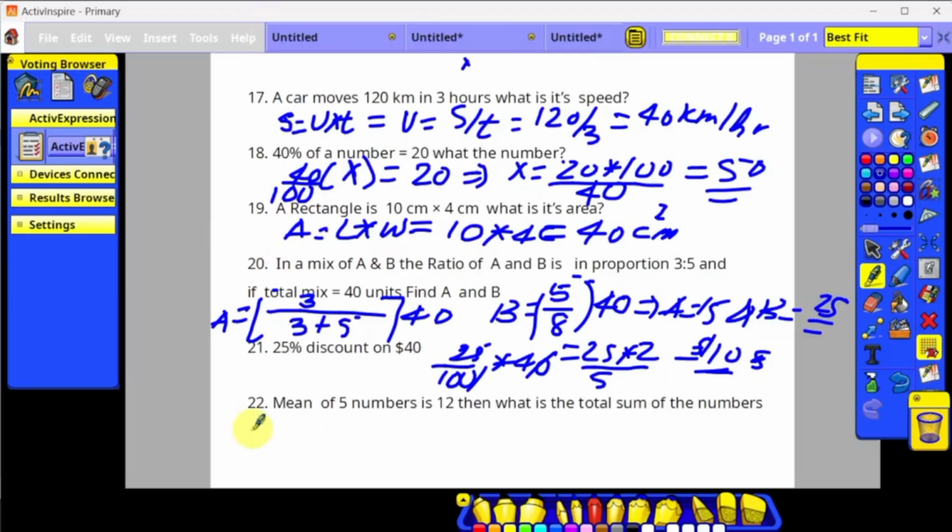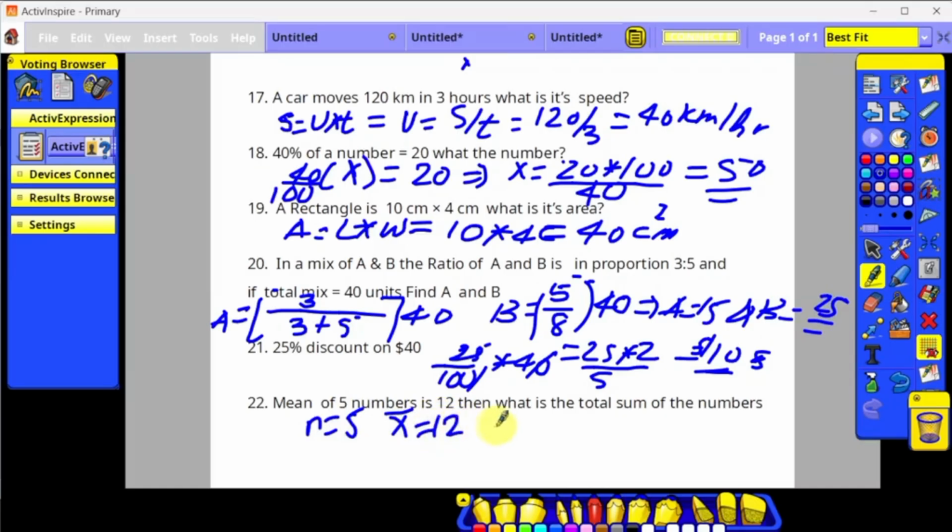The next question says the mean of 5 numbers. The total number of values n is equal to 5, and the mean, let's say x bar, the average, is equal to 12.